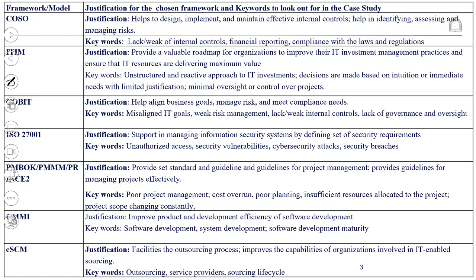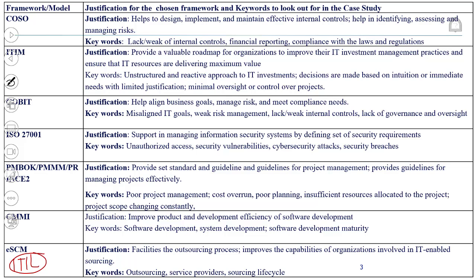And in there, I've said how you can justify a framework and some of the keywords that you can look for in a case study. The only one remaining here is ITIL, because I've covered ITIL elsewhere.